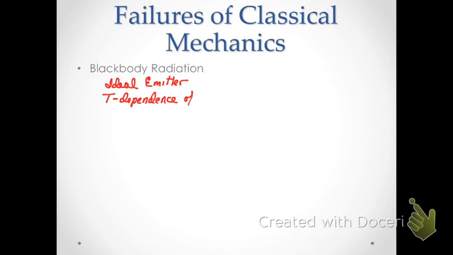What we observe is that there's a temperature dependence of the emission of light from a black body, and there's also a frequency dependence of this emission, neither of which can, as we'll see, be explained by the classical theory of wave-like behavior.